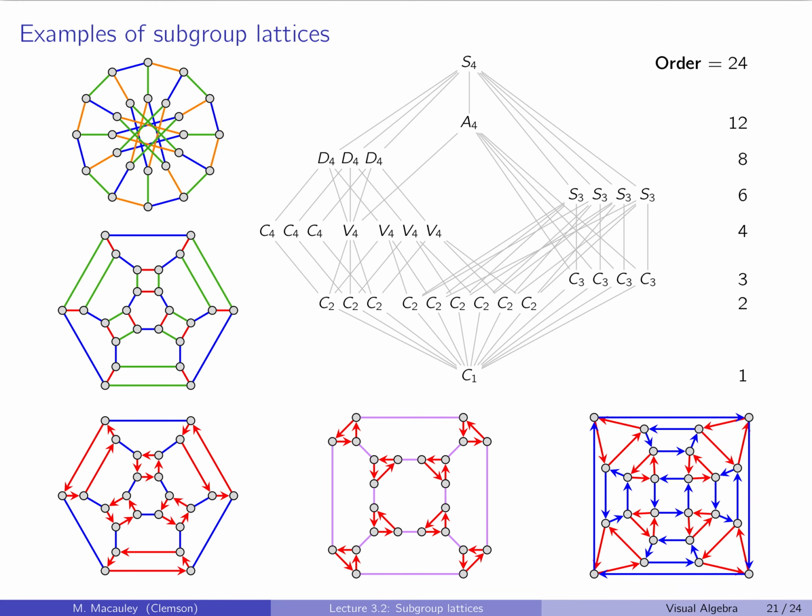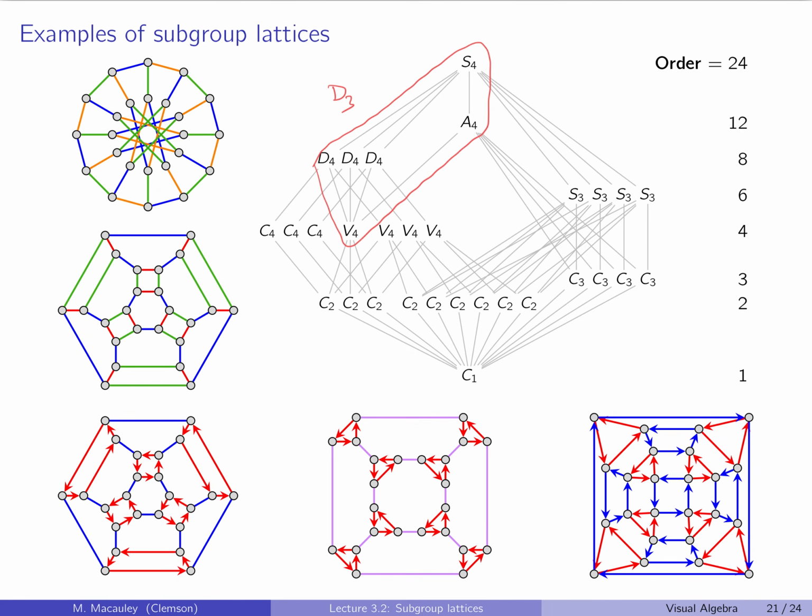First of all, there aren't that many obvious motifs hanging from the top. Well, there is one actually right here. Does that look like D3? The subgroup lattice of order 6 that we saw in the previous lecture. And that's really about it.